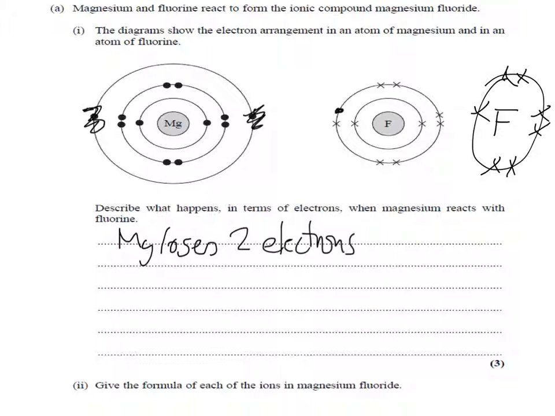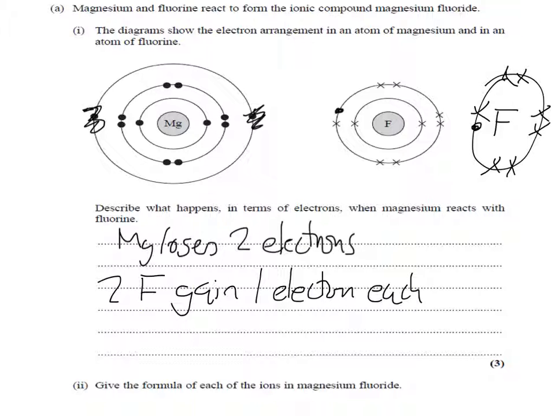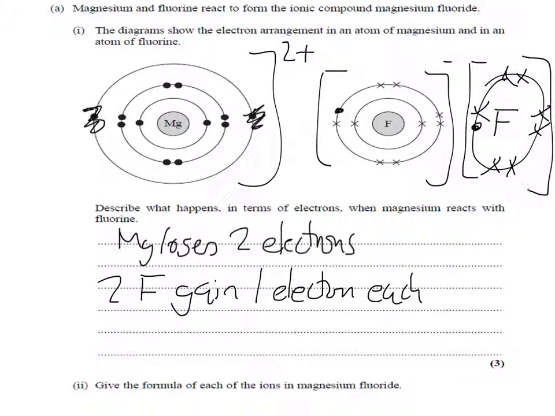So there's our electrons. So 2F gain 1 electron each, and so the magnesium now becomes 2 plus because it's lost 2 electrons, and each fluorine becomes 1 minus.